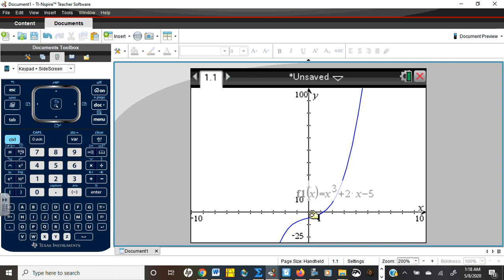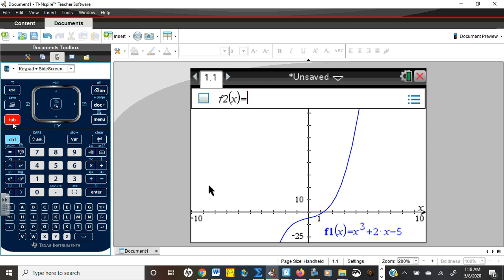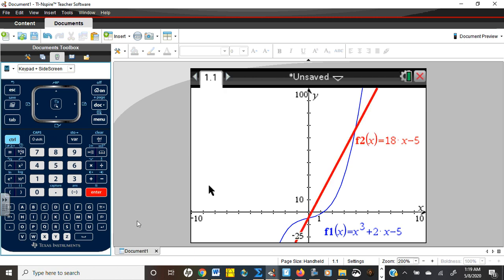So now that we have our graph, we know that the secant line was 18x minus 5, and you can see it is hitting 0, negative 5 down here on the intercept for us, and then 4, 67 way up here.